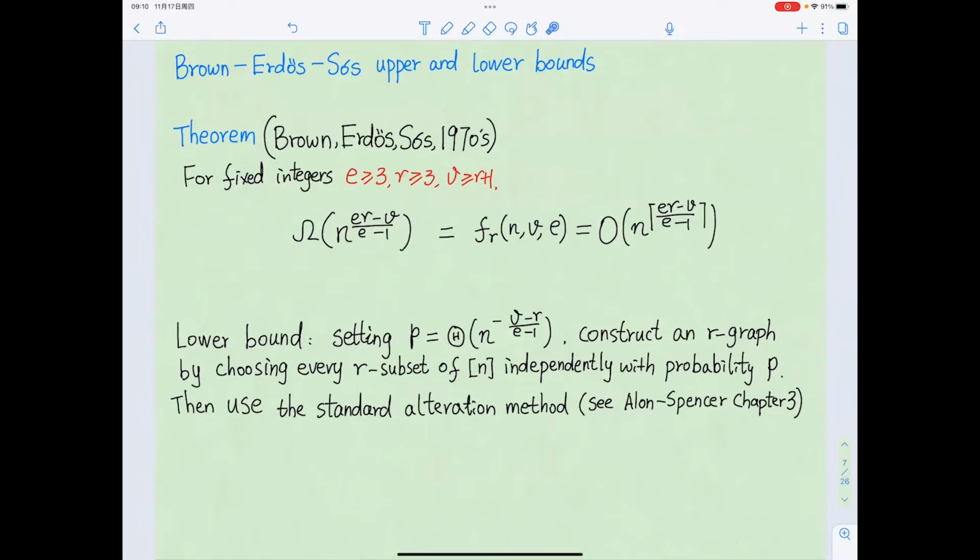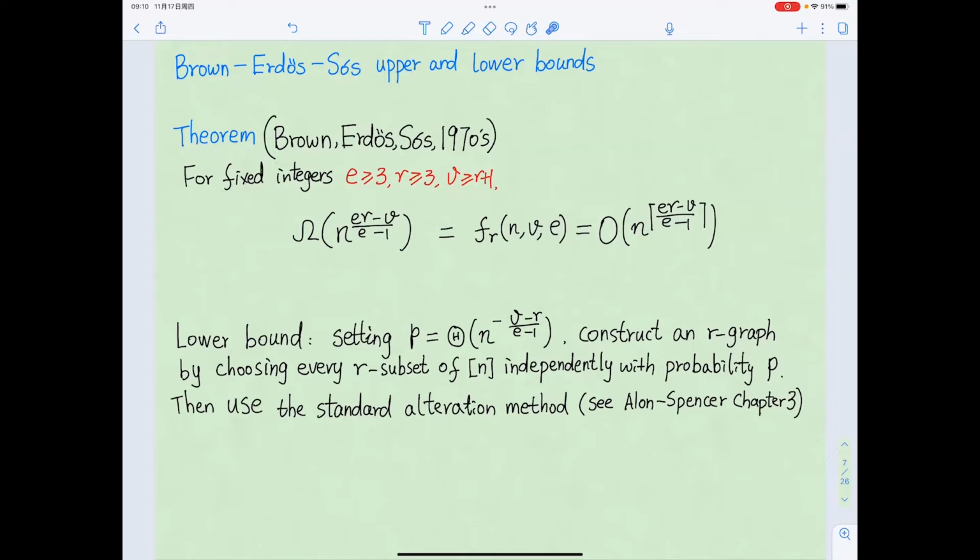You can prove it by the standard probabilistic method. You can set the probability p equal to the order of n to the power of minus (v − 1)/(e − 1). Then you can construct an r-graph by choosing every r-subset of [n] independently with probability p.